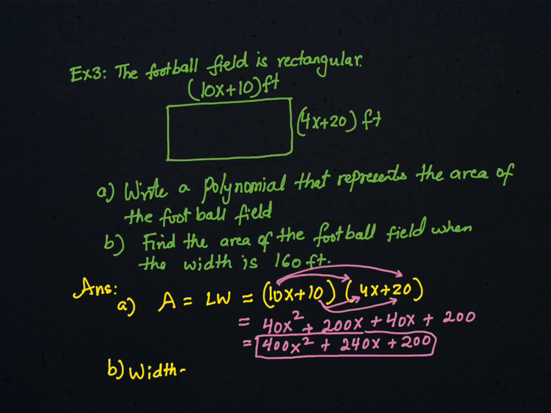Then the width is given to you as 160, so 4x plus 20 is given as 160. We'll continue on the next page. So 4x plus 20 is given to you as 160.